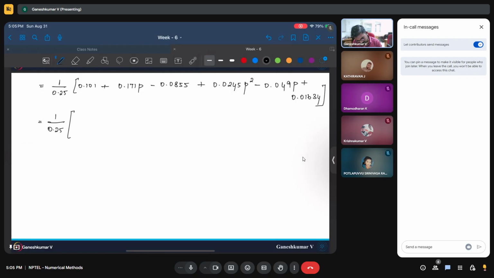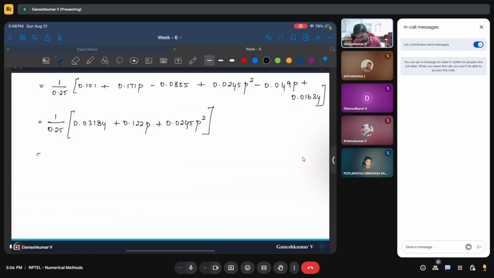So 0.101 minus 0.0855 plus 0.01634, 0.03184, and then 0.171 minus 0.049, which is plus 0.122p plus 0.0245 p square.